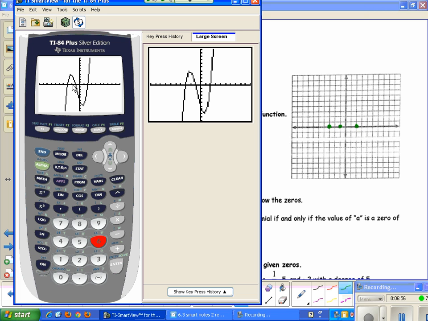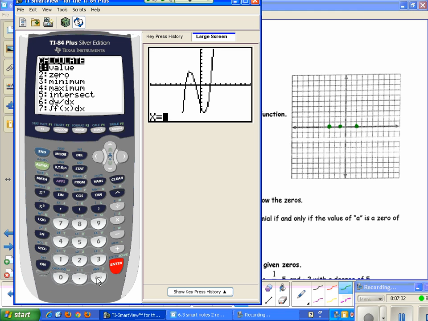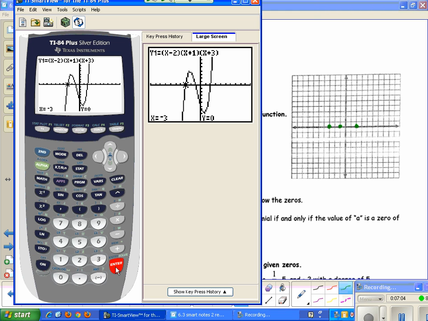I can check my zeros by doing second trace, value. So if I do -3, I should get a y value of 0, which I do. Also -1, and also if I plug in an x value of 2, you notice that it would be on the x-axis as well, because those are your x-intercepts.